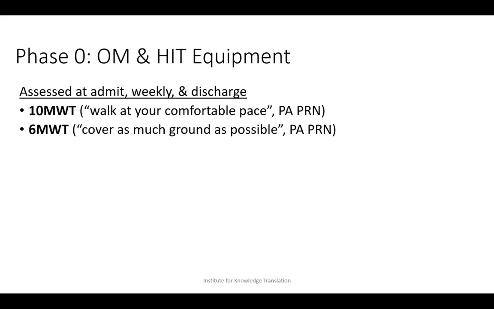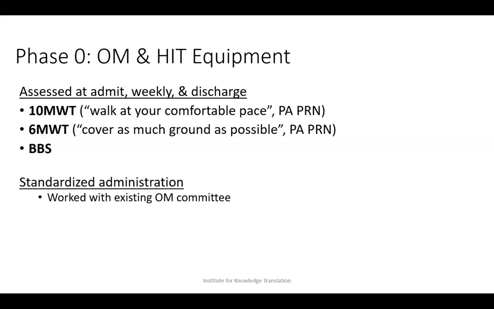Similarly, the 6-minute walk test also allowed for physical assistance as needed with the same scoring, but the directions for this assessment were to cover as much ground as possible. The final item was the Berg, which we had standardized scoring for each of the individual items. We helped develop this standardized administration with an existing outcome measures committee at the Rehab Hospital of Indiana.